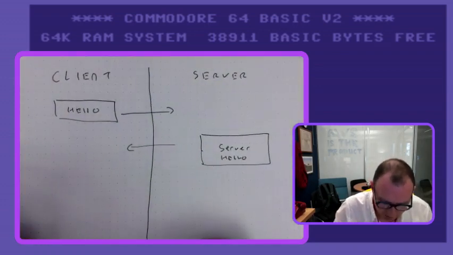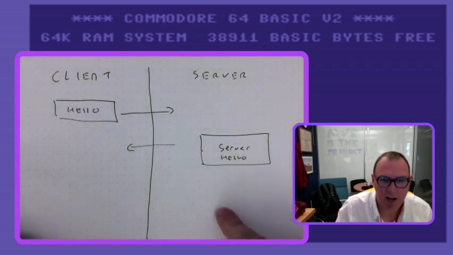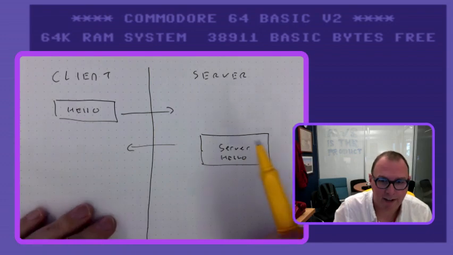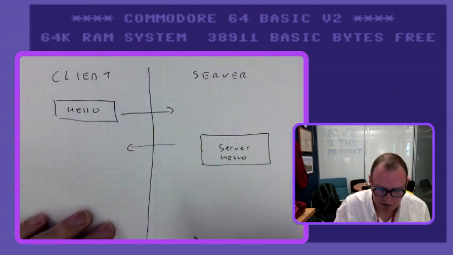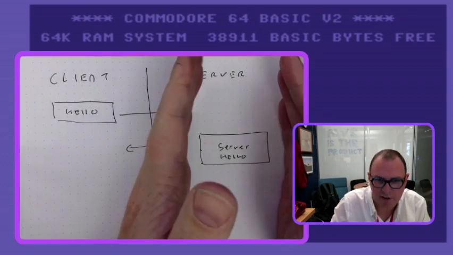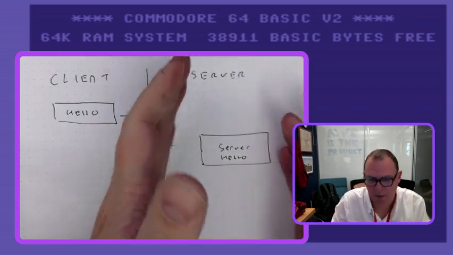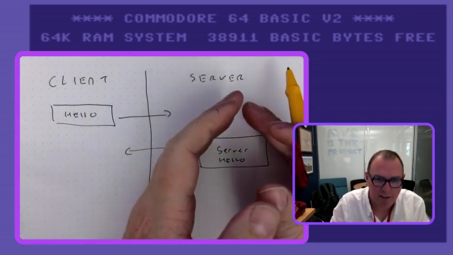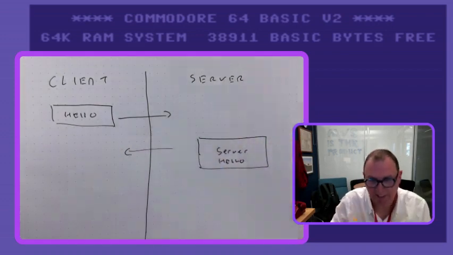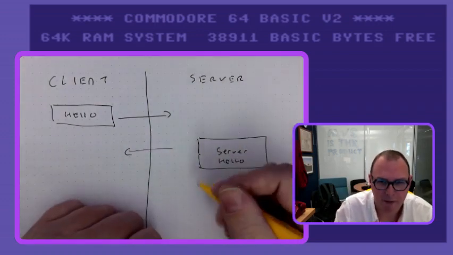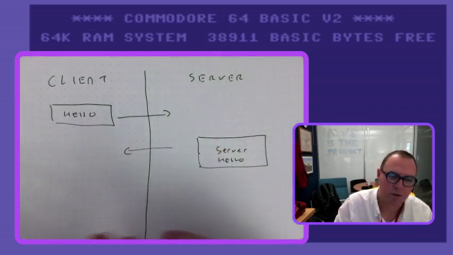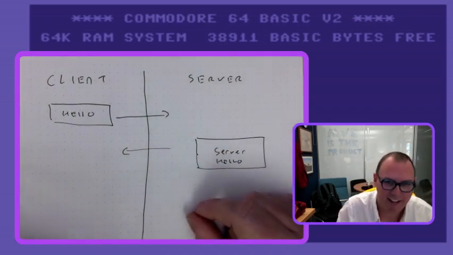Traditionally, the way people have gone about this is by using branches in the code. They've got some piece of code running on the server side that's like, well, if this message comes in, if I see a client hello message, then inside the if statement, switch to the server hello state, send the server hello, and remember what state I'm in.